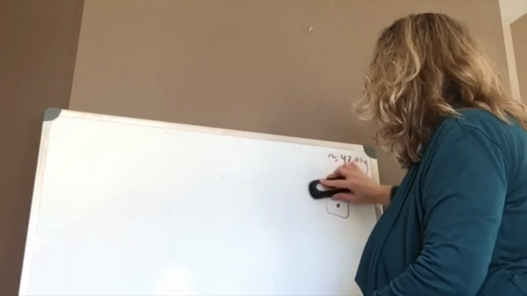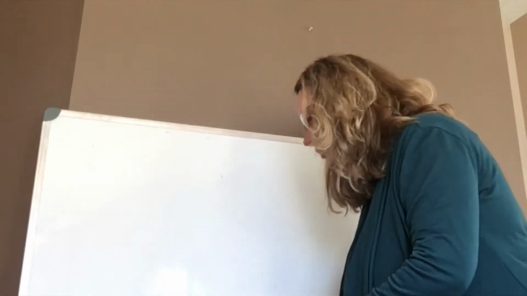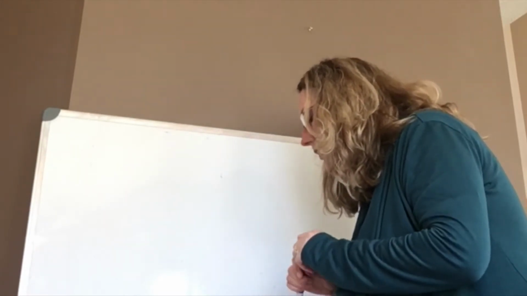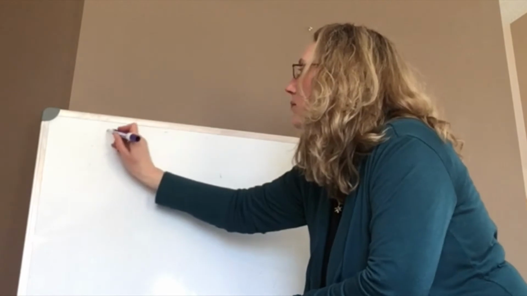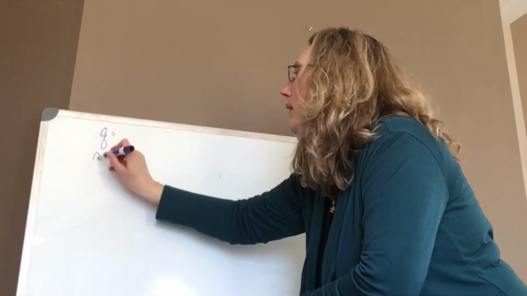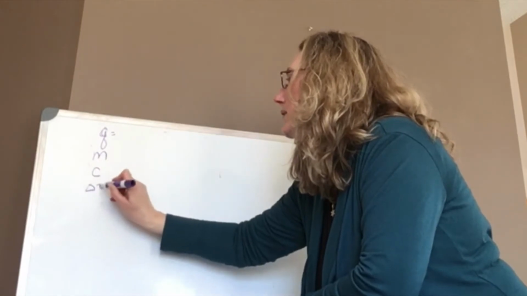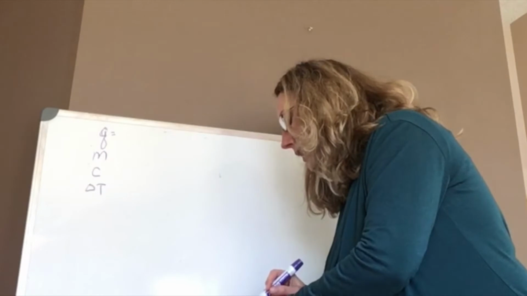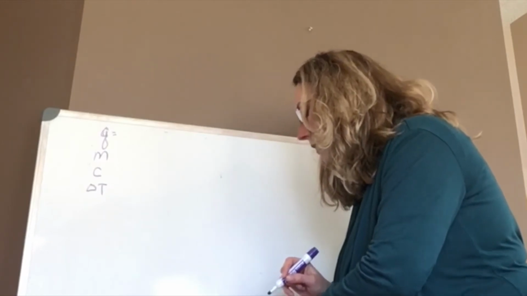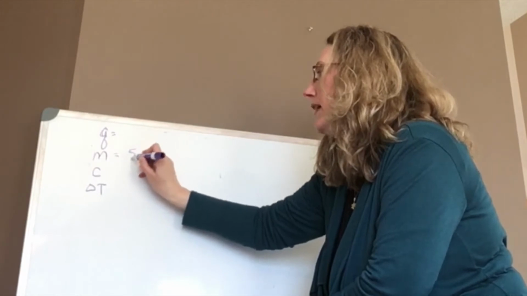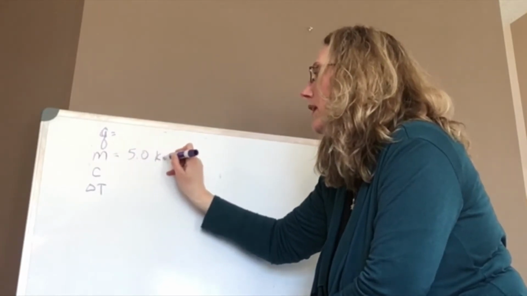So let's do example 2.3 on page 51. Okay, in order to cook an omelet, remember we need Q equals M C delta T. In order to cook an omelet, a 5 kilogram iron skillet, so mass is going to be 5.0 kilograms.